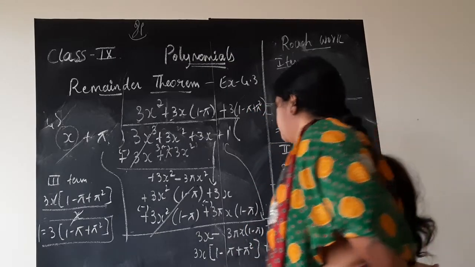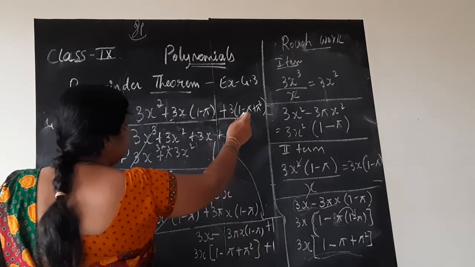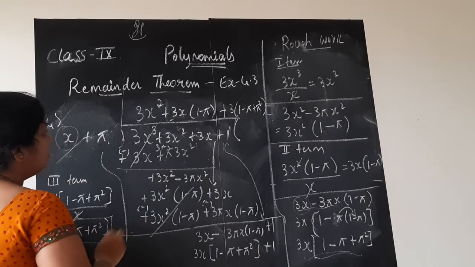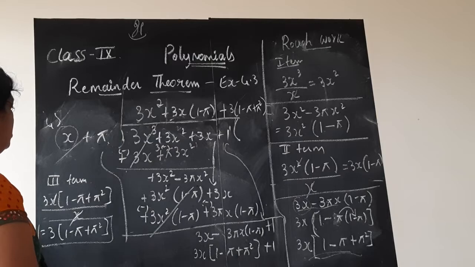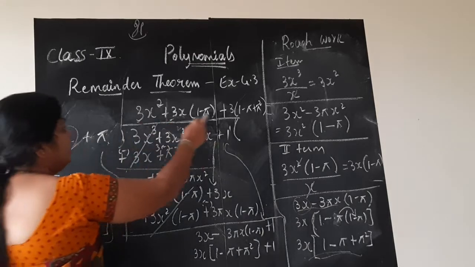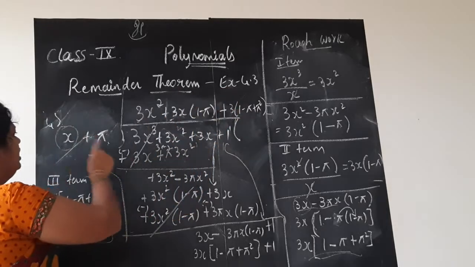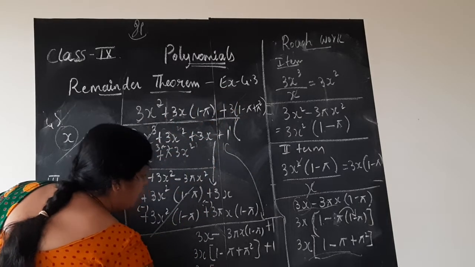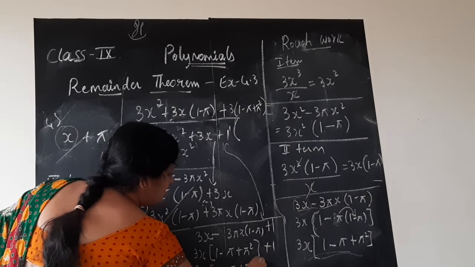So now multiply x into 3 into 1 minus pi. Don't worry about the bracket term, write it as it is: x into 3, 3x into the bracket we have, the same term 1 minus pi plus pi square.